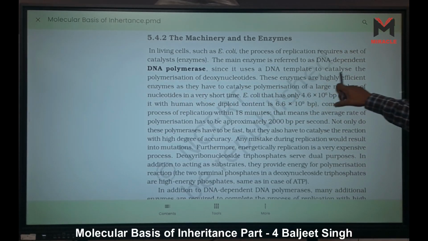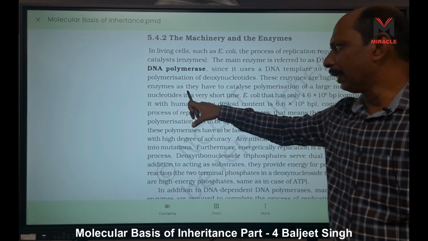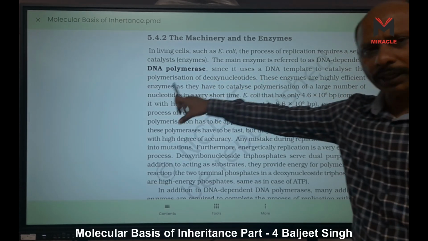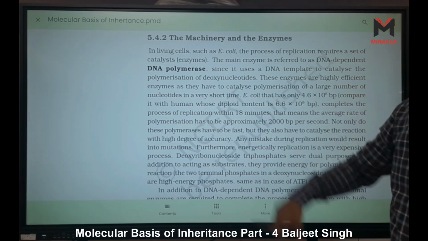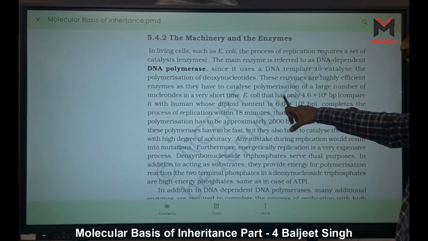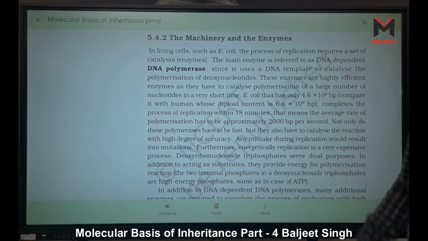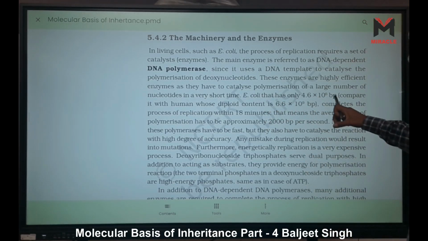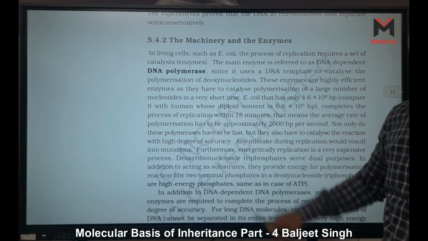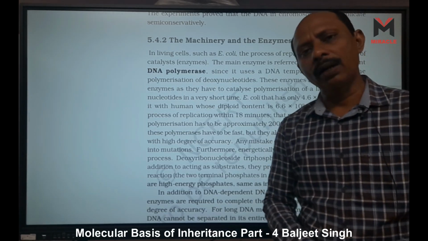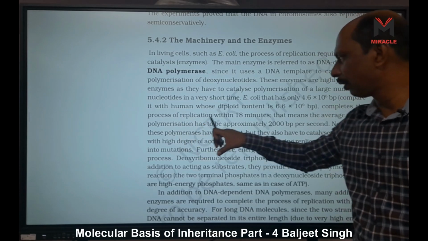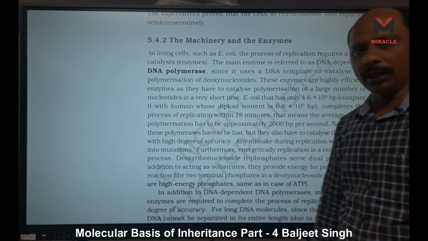These enzymes are highly efficient as they have to catalyze polymerization of a large number of nucleotides in a very short time. A very fast, very rapid reaction is there. E. coli that has only 4.6 × 10^6 base pairs, when compared with human whose diploid content is 6.6 × 10^9 base pairs, completes the process of replication within 18 minutes only.